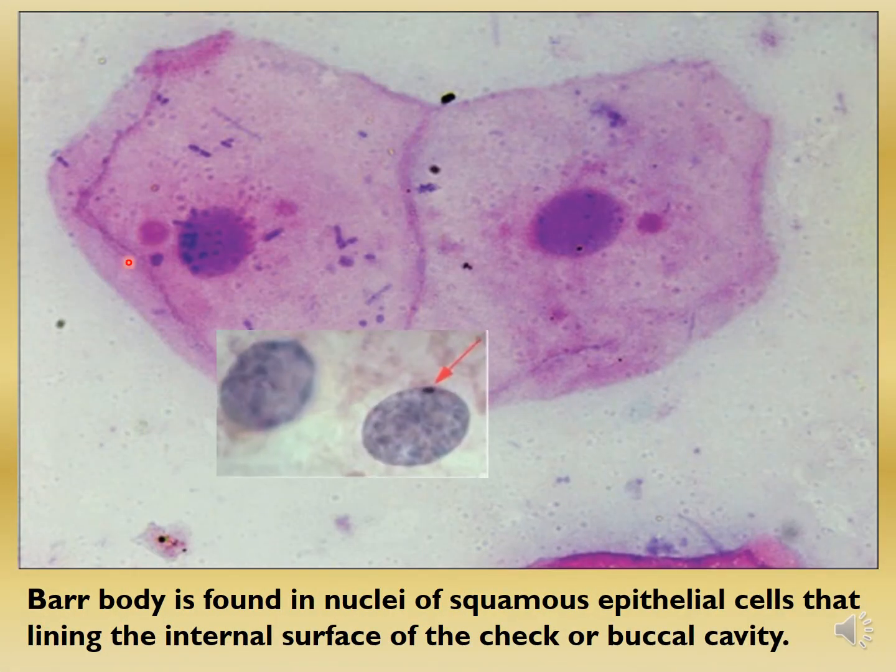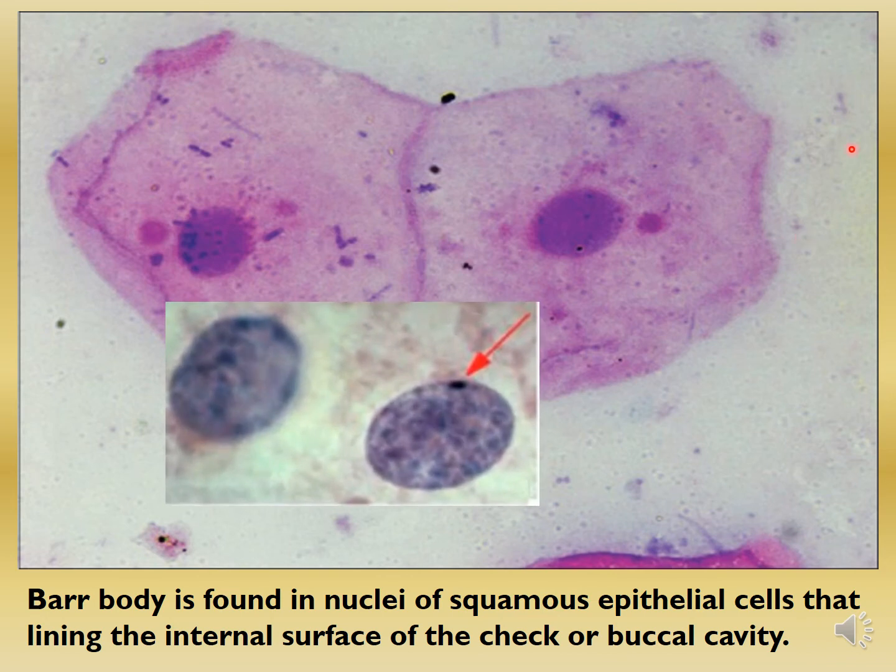Bar body is found in the nuclei of squamous epithelial cells that line the internal surface of the cheek or buccal cavity. These are squamous cells and this is the bar body that is attached to the nuclear envelope of the nucleus of epithelial cells.